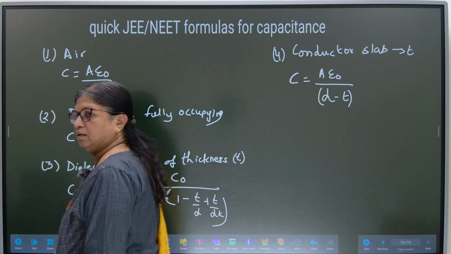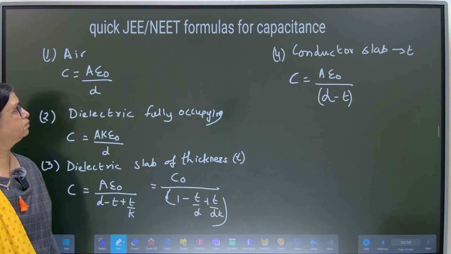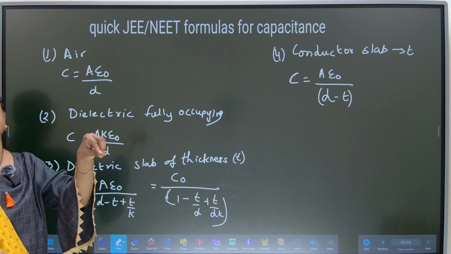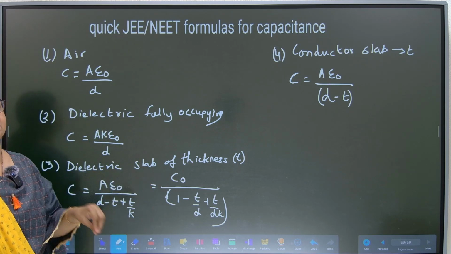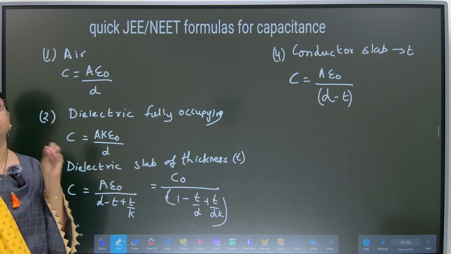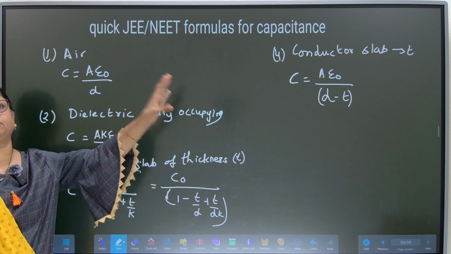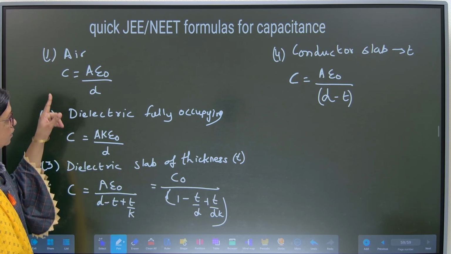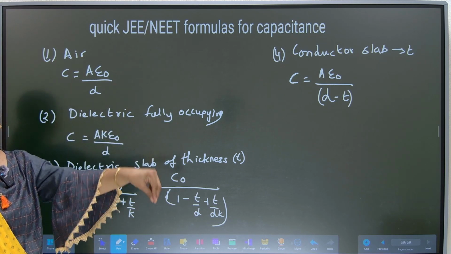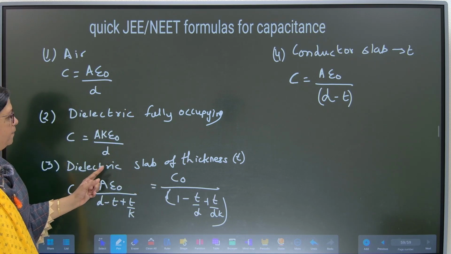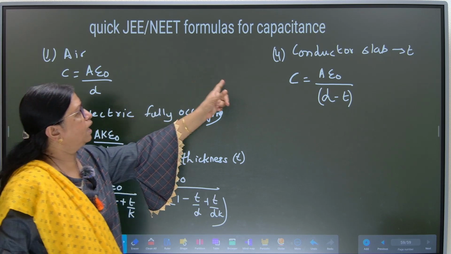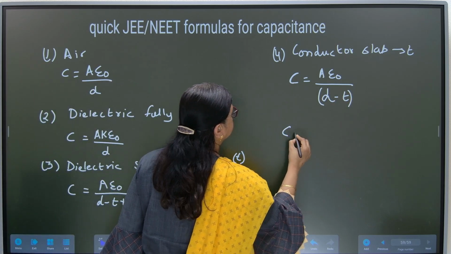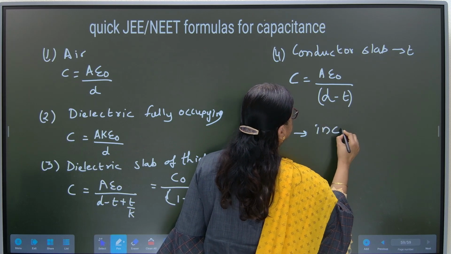Okay. So these are the 4 types of cases which you have to understand and remember the formulas, such that as soon as the question is asked, one of these formulas you should be able to apply. In the 3 cases where we placed dielectric, fully occupied, partially occupied with thickness T, and conductor partially occupied with thickness T, in all the cases the capacitance increases.